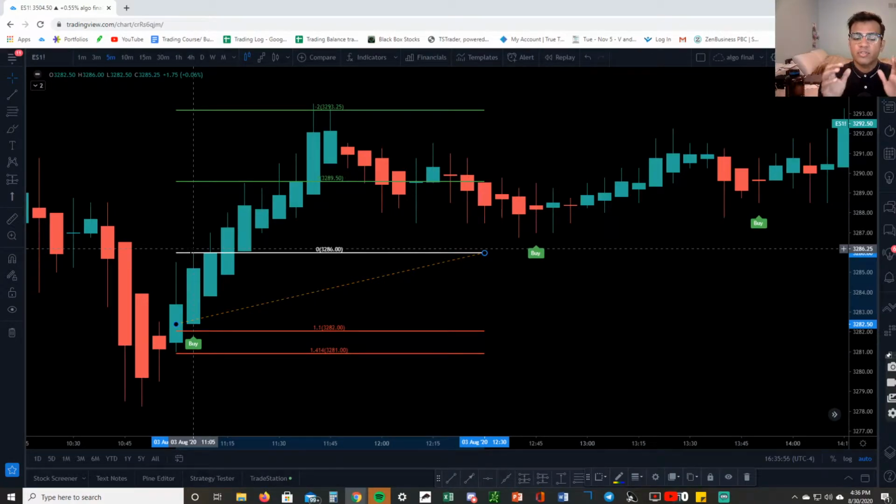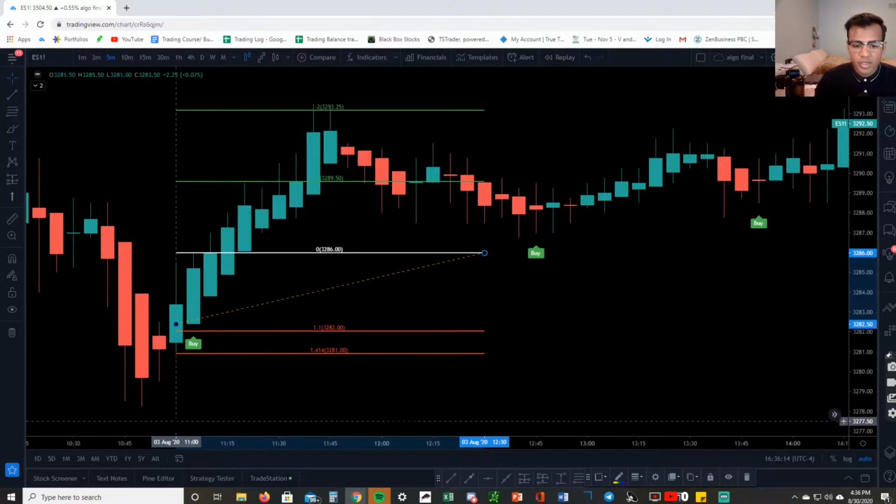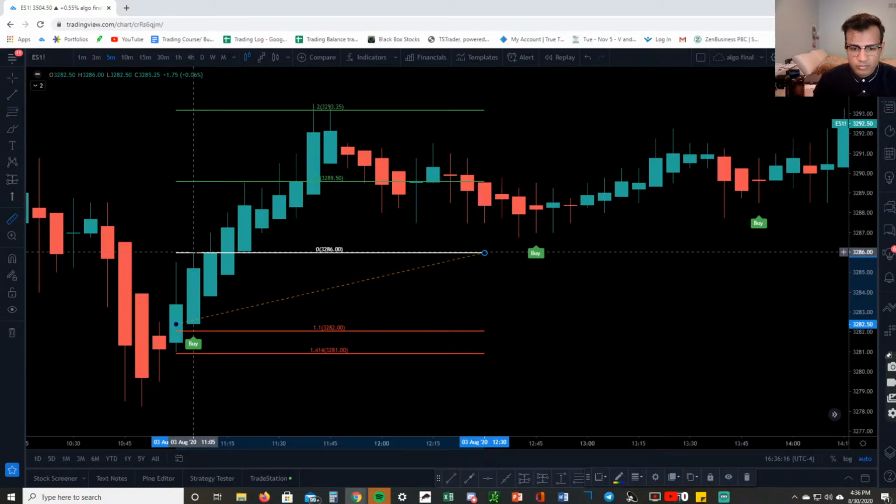The whole point of these alerts is to get you into a trade before that big momentum move comes in. So when you have that one tick, it saves you from those double tops, but you're still in the trade to catch those big moves. And that's exactly what happened in this case, right? So if we measure this move out, what happened?